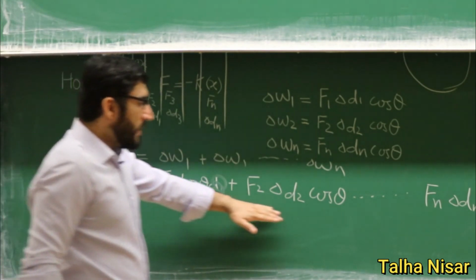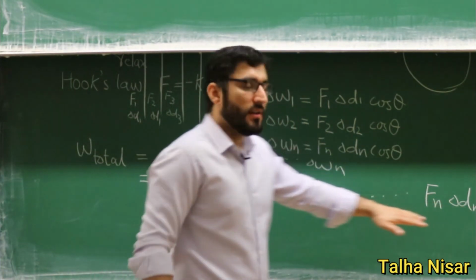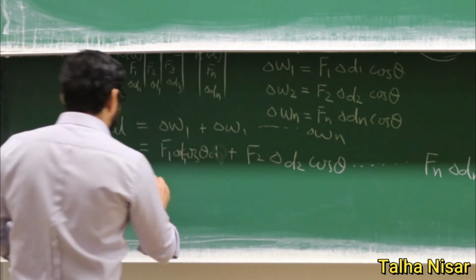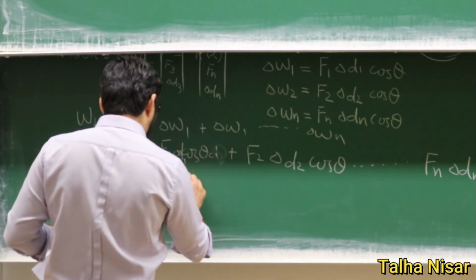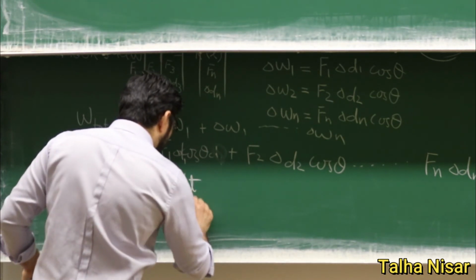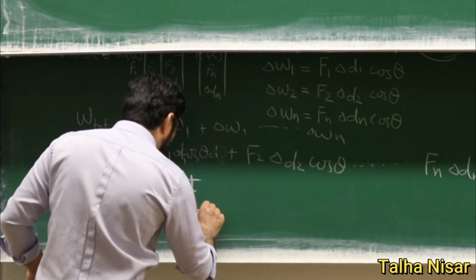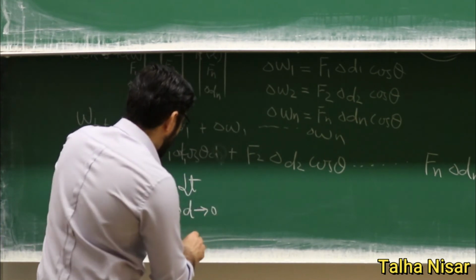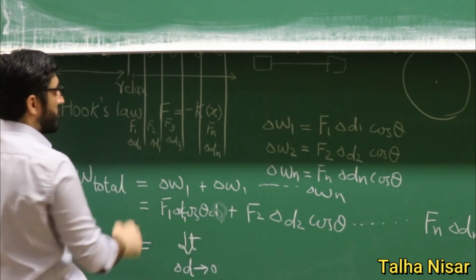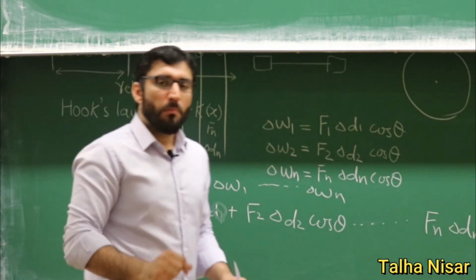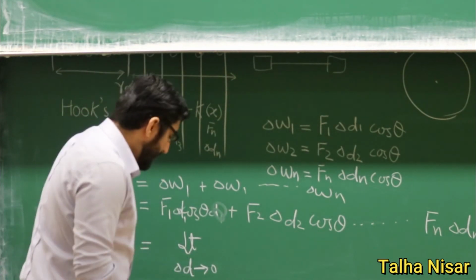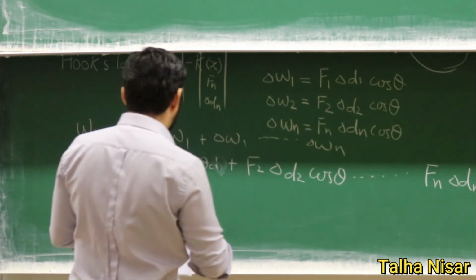This is a complicated, very long expression we can see here, so to simplify, we can also write this in a simpler way. In the limiting case, this delta is close to 0. Very close to 0 means we take very small parts. If we take very small parts and then add all of them, we will get a very accurate value for the total work done.